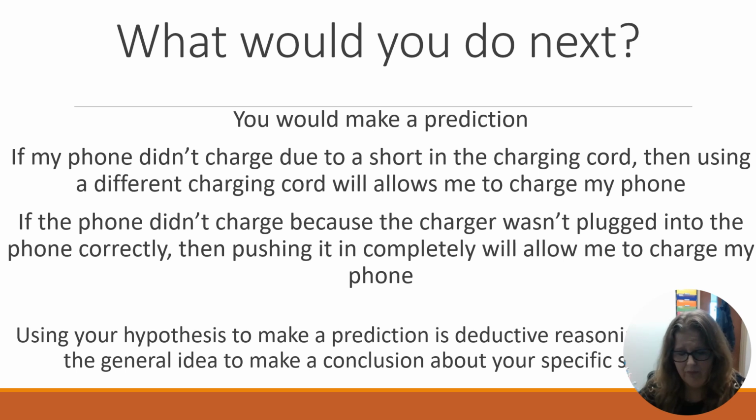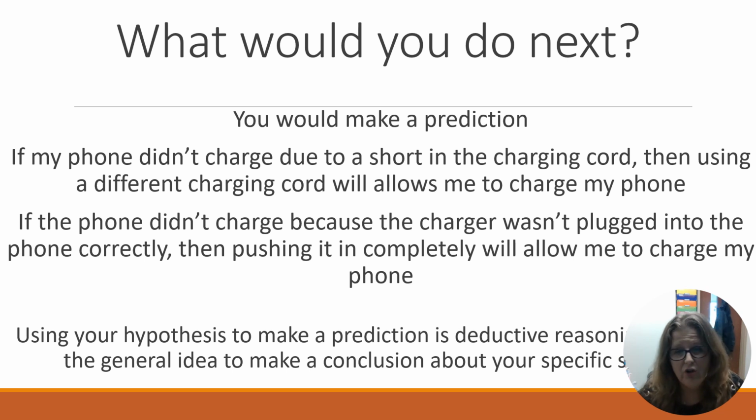You probably did this a lot in middle and high school, if you remember, with the if-then statements. We're going to call those more precise, so they're predictions, and they really zoom in on what the cause and effect are. If my phone didn't charge due to a short in the charging cord, then if I change to a different cord, it'll allow me to charge my phone.